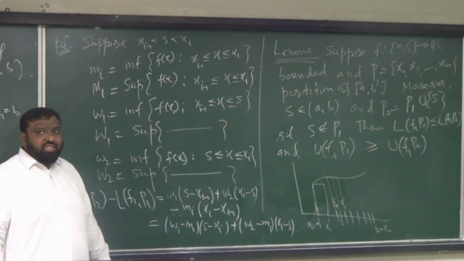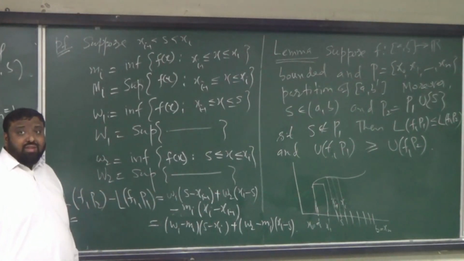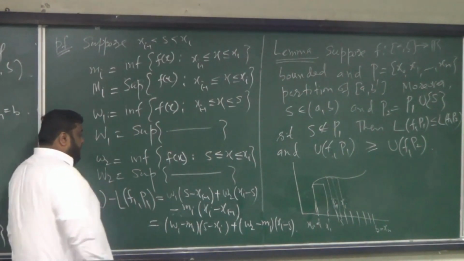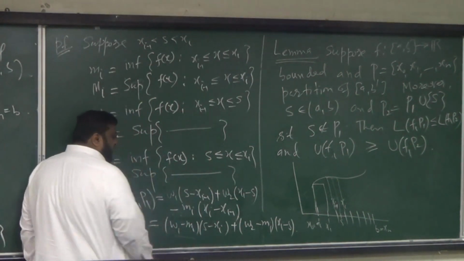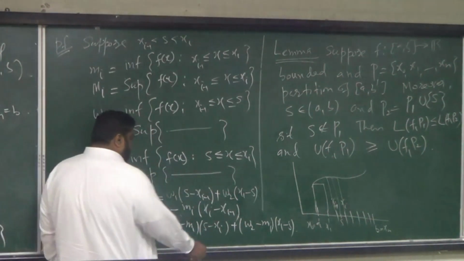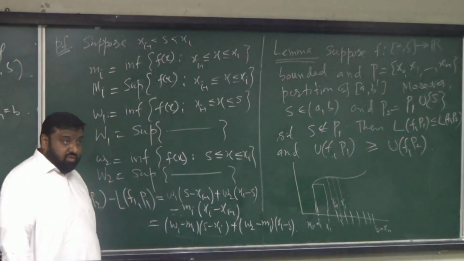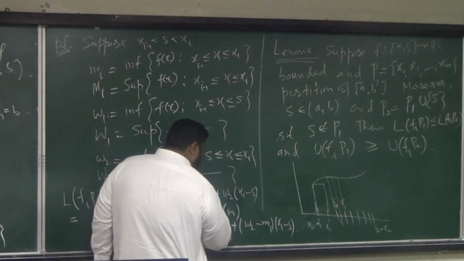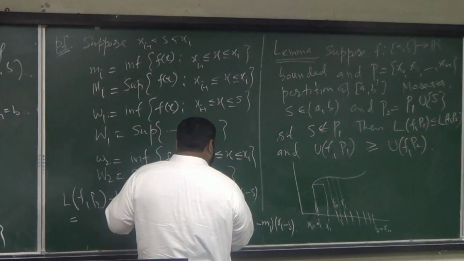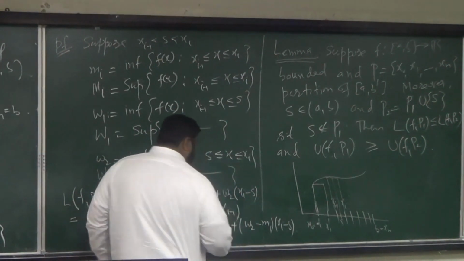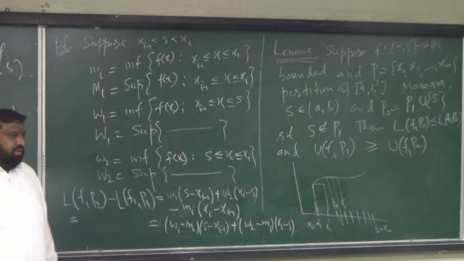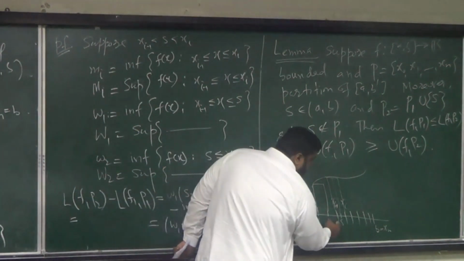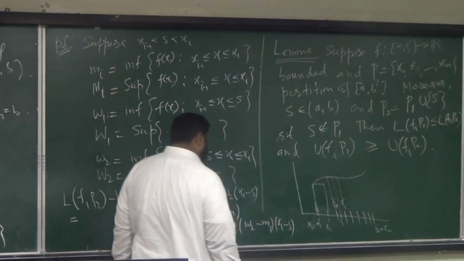Now, why is this an interesting thing? Just think about it. w1 is bigger than or equal to m_i, so this is a non-negative number. How about this one? This is also non-negative, because s is greater than x_{i-1}; take their difference, non-negative.